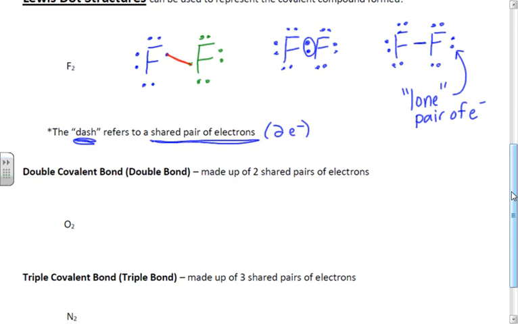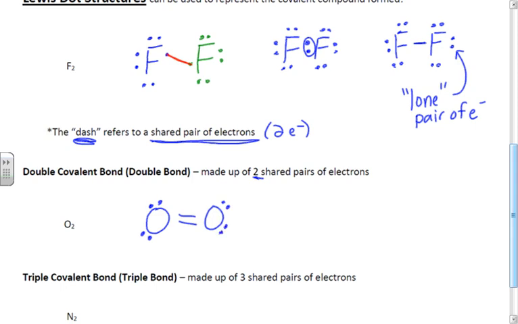There's also something called a double covalent bond, or just a double bond, where it's going to have 2 shared pairs of electrons. Oxygen has 6 valence electrons, so that means that in order for it to be stable, it's going to have to share 2 of them. So we'll draw 2 shared pairs of electrons. That only leaves 4 more that it needs.